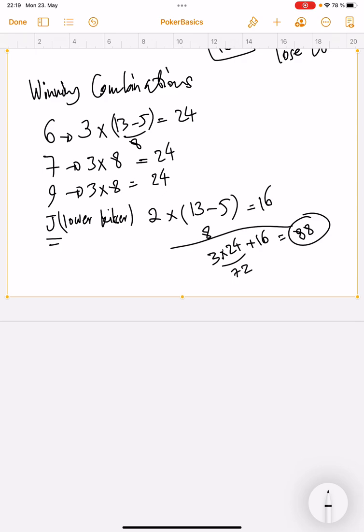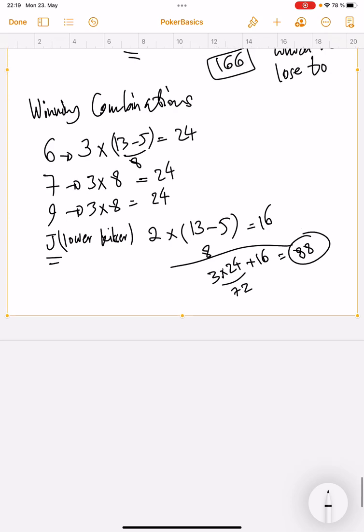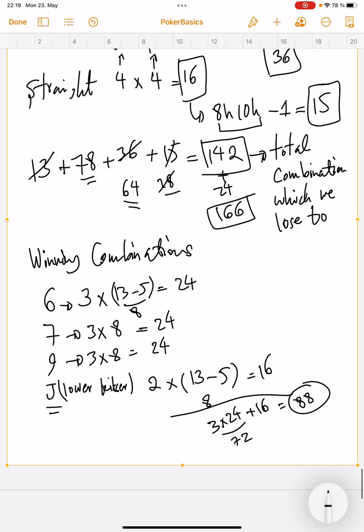So these are our winning combinations. We considered only the one-pair situation where our pair is better than his pair. So these are 6, 7, 9, and jack with a lower kicker. Basically, we are winning against these hands. And there are also lots of hands where we are catching a bluff.